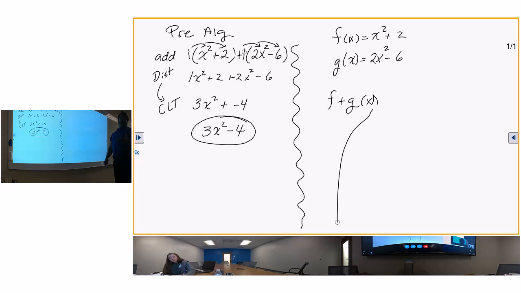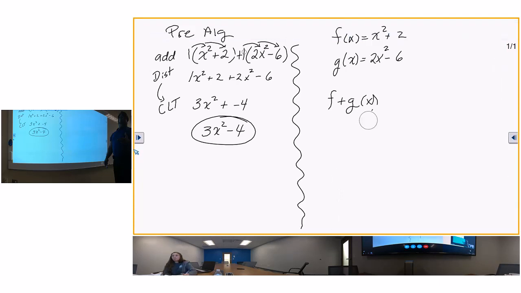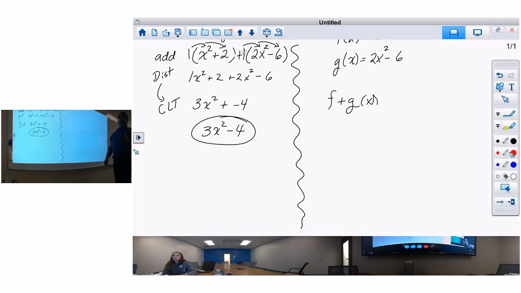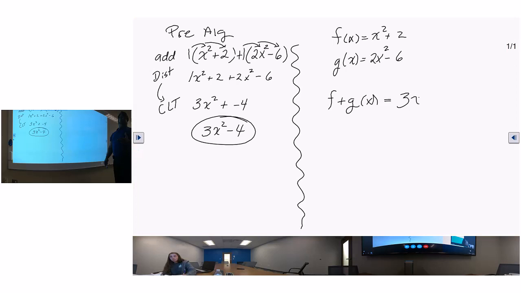And what's the answer to your sophisticated f plus g of x? 3x squared minus 4. It's the same thing that you did back in pre-algebra. Okay? Think of it like being sophisticated, because that's all it is.